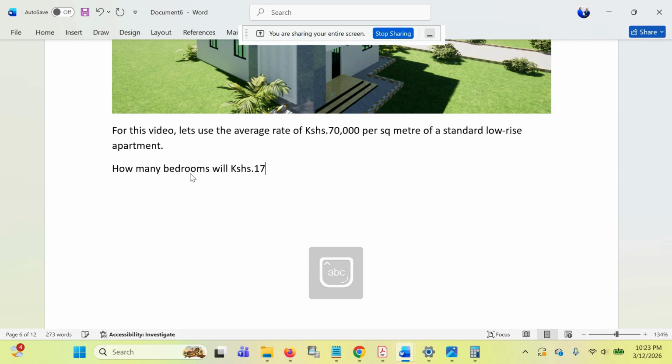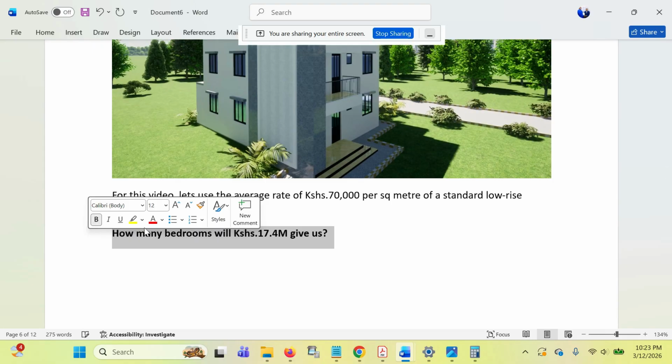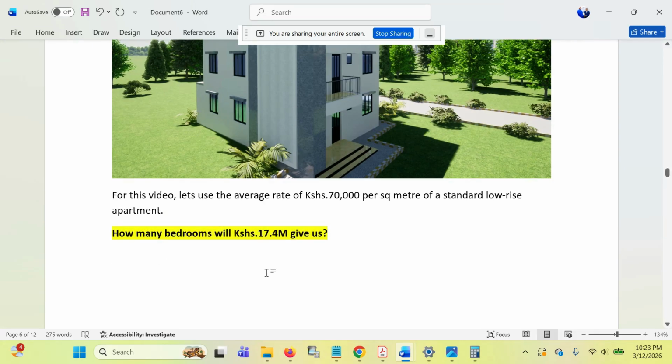So now you have the rate per square meter, and you have the average size of one bedroom. So how many bedrooms will Kenya shillings 17.4 million give us? That's important.